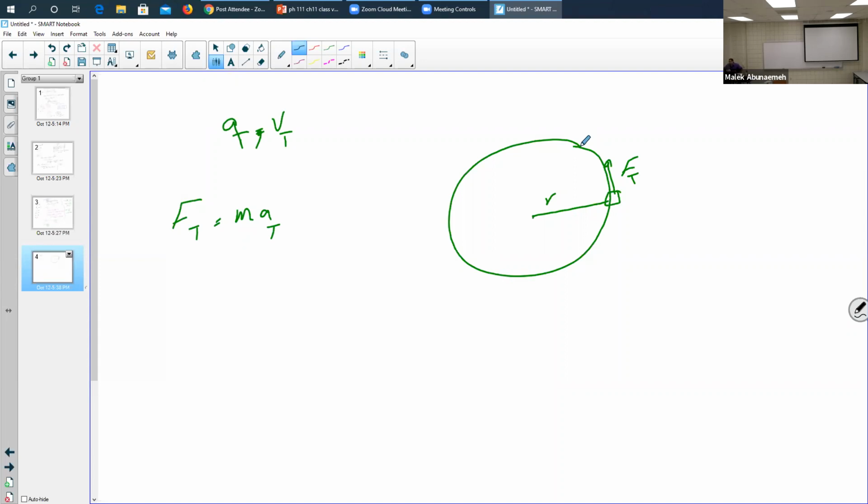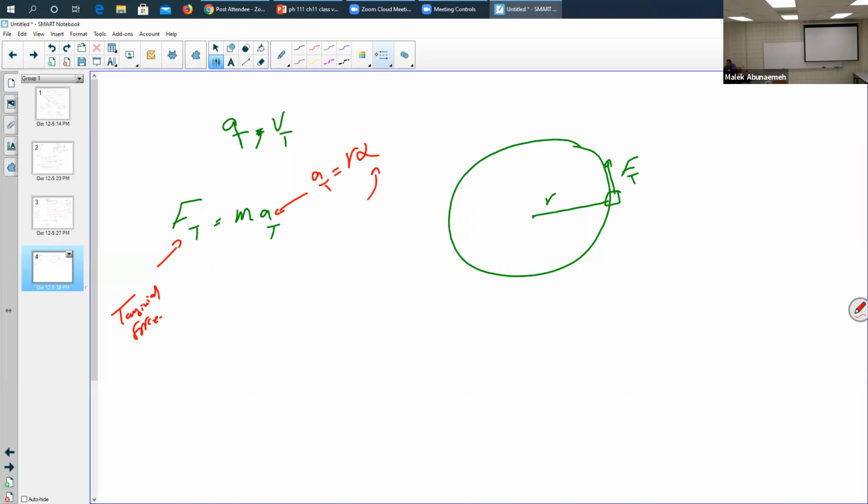So your Ft, your tangential force, let me just write this down, is mass times your tangential acceleration. So your a_t, by the way, if you remember, tangential acceleration is going to equal R alpha.